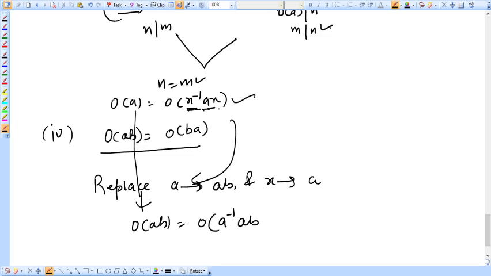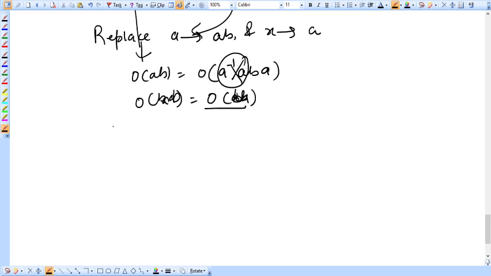So this is identity, and we are left with order of AB is equal to order of BA. So this was the fourth result, thus hence the result. This was the fourth theorem.